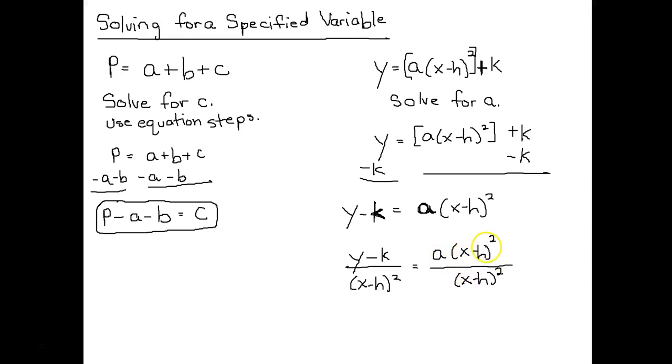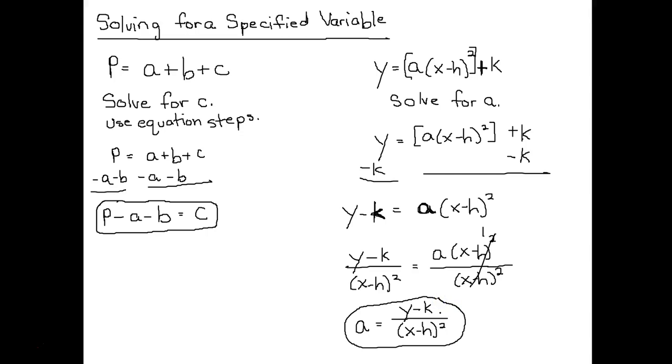And next to the a, x minus h squared over x minus h squared will just reduce to 1. So I'm going to have just plain old a, and it's going to equal y minus k over x minus h squared. And now I've got the equation solved for a.